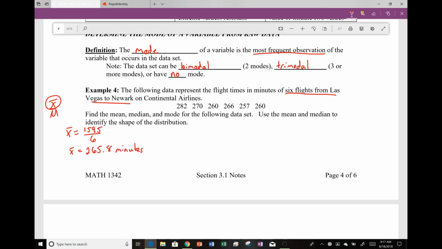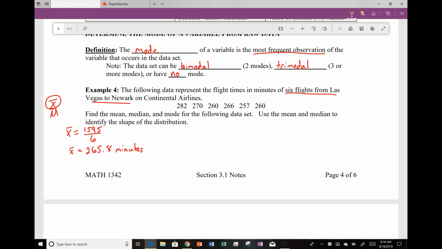Recall that I want to round my mean to one more decimal than our data values. So currently our data values are whole numbers. I want to round one more decimal place. So that is why I just have one decimal place here.